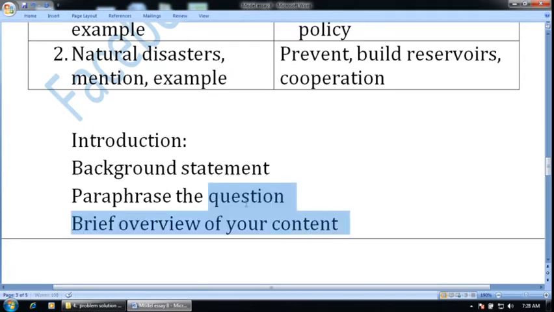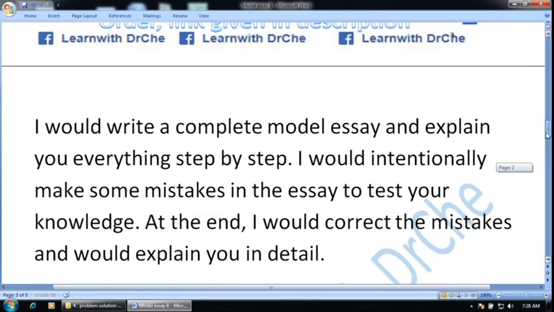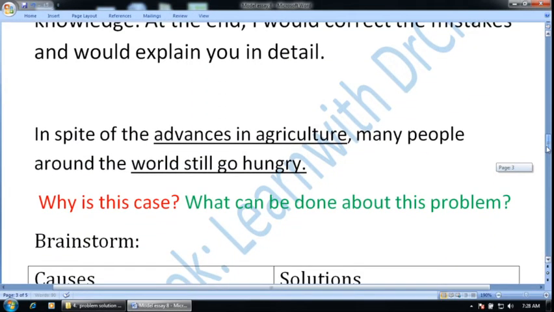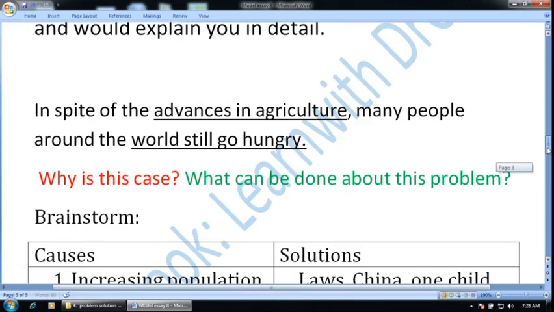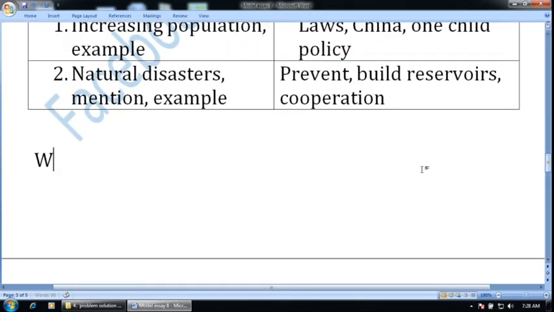So I would write the introduction just to show you, to teach you. As the question is in spite of, I would use a different word instead of while.